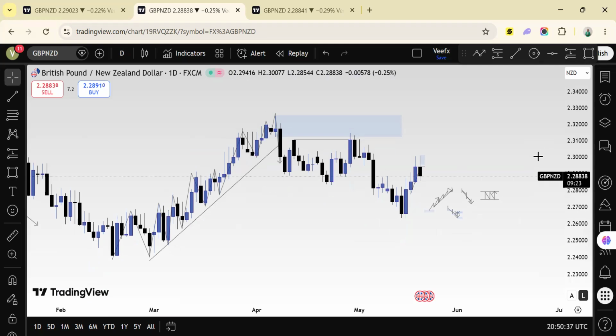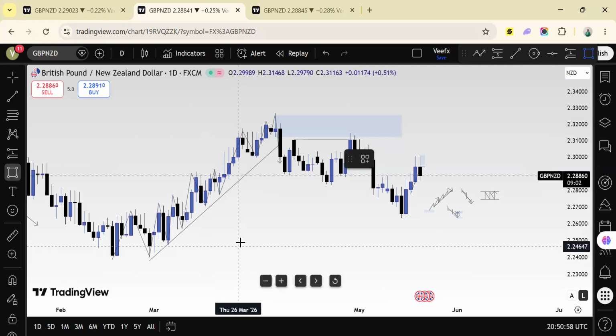All right. Now, remember that you can either have a bullish order block or a bearish order block. Now, for the bullish order block, there are mostly two types of bullish order blocks that occur in the market.